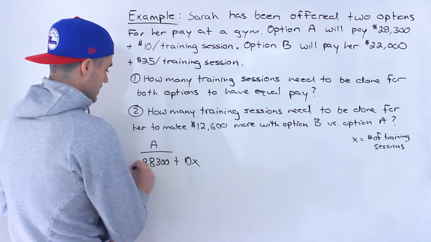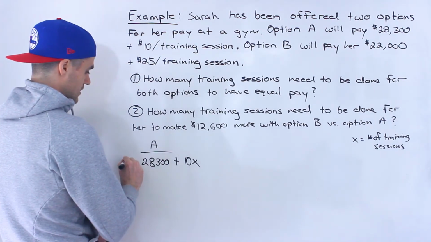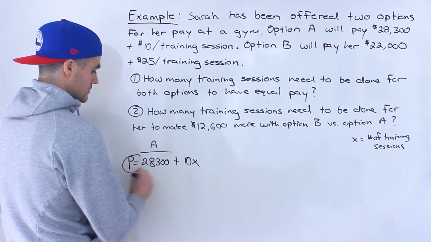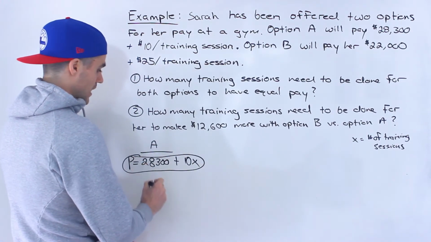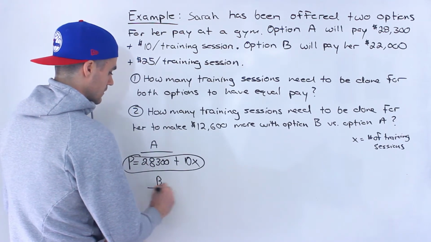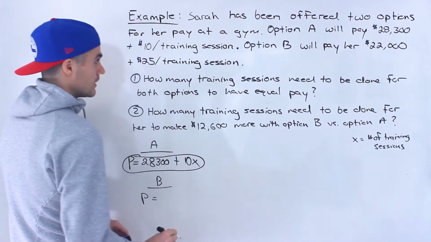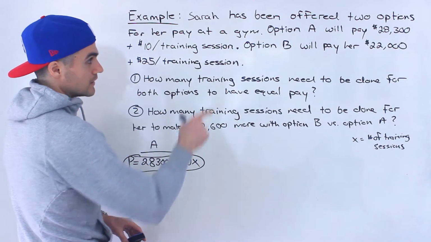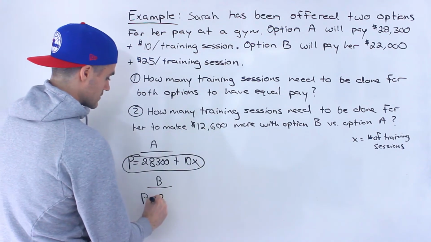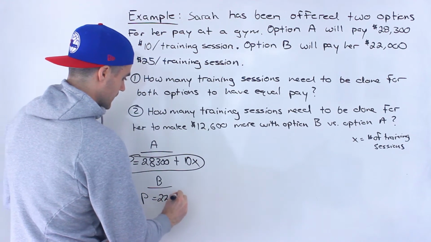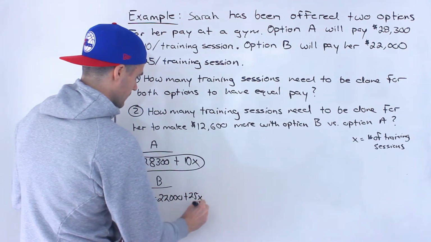So that's the pay. Let's call it P equals that. That's her pay for option A. And then option B, her pay is going to be 22,000 plus 25x, like that.